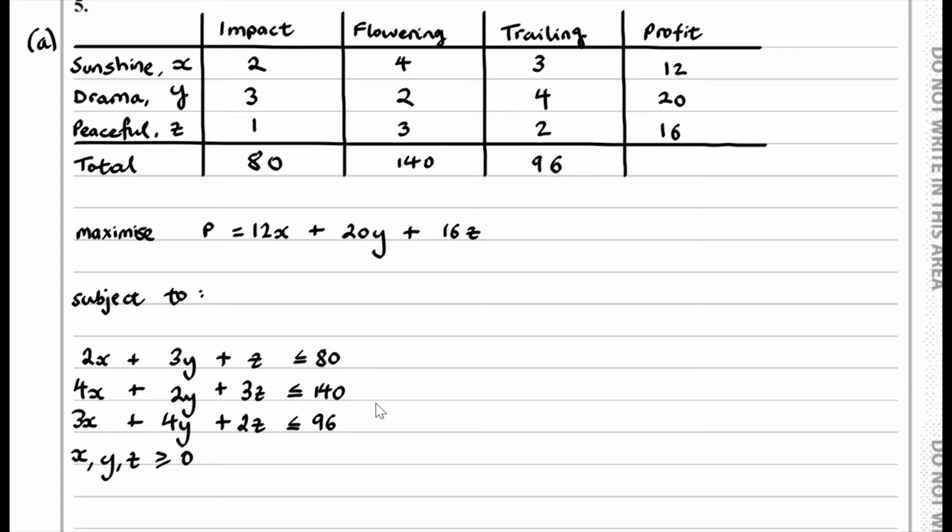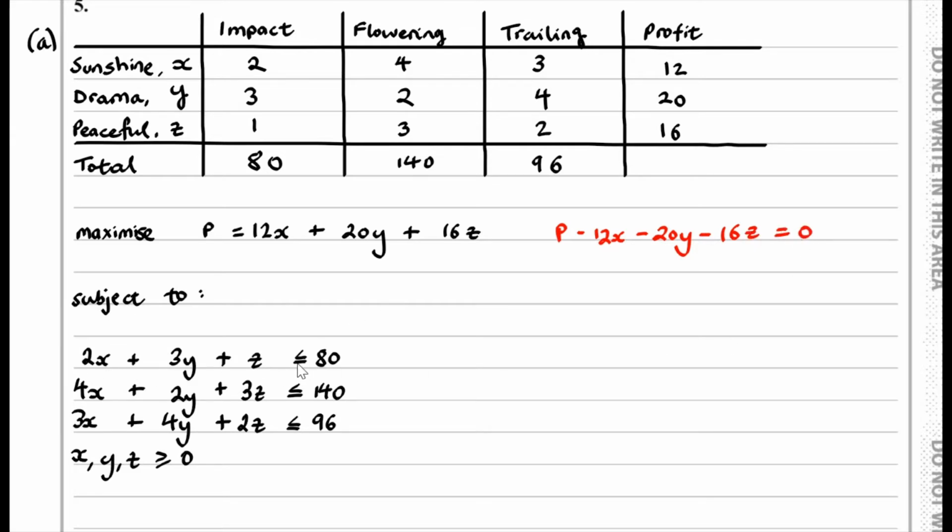Now with these sort of equations, we can rearrange them. For our P function, we can rewrite that as P minus 12x minus 20y minus 16z equals 0.